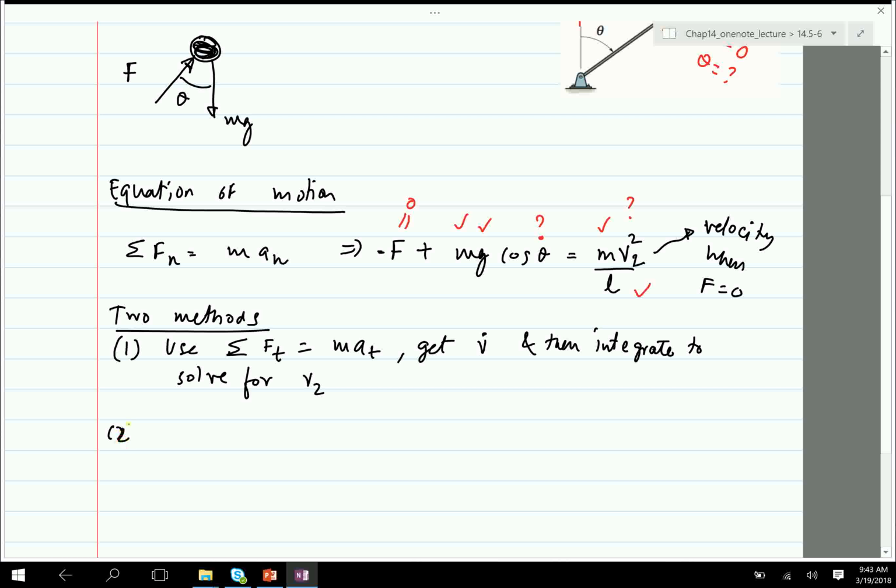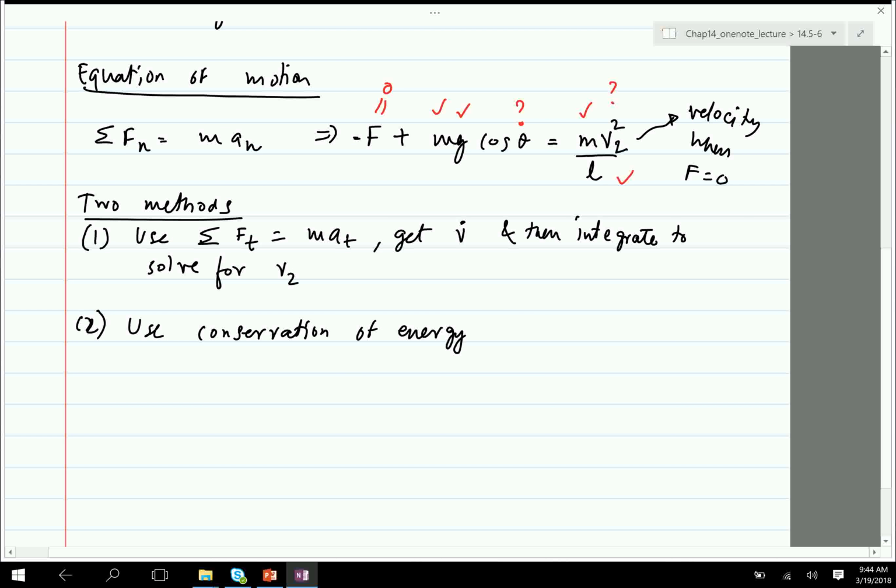The second method is the one which I'm going to do here, is use conservation of energy. But you should try it. So I'll do method 2, but you should try using method 1, see if you get the same answer. So this one says T1 plus V1 is T2 plus V2.